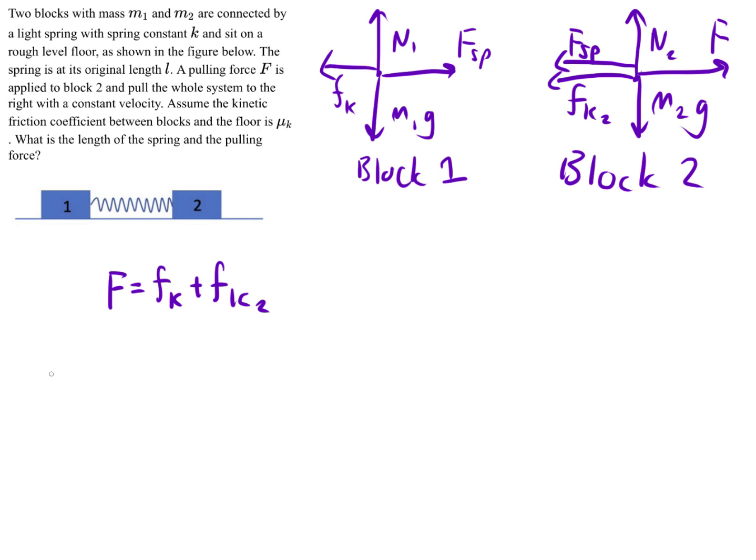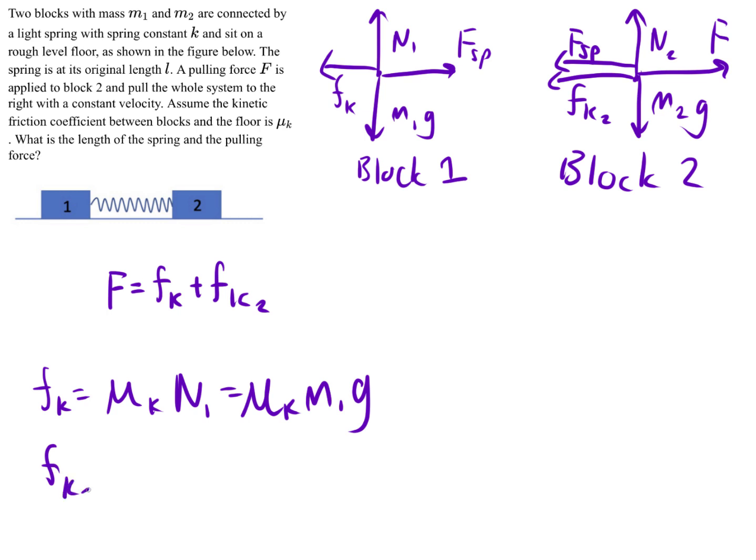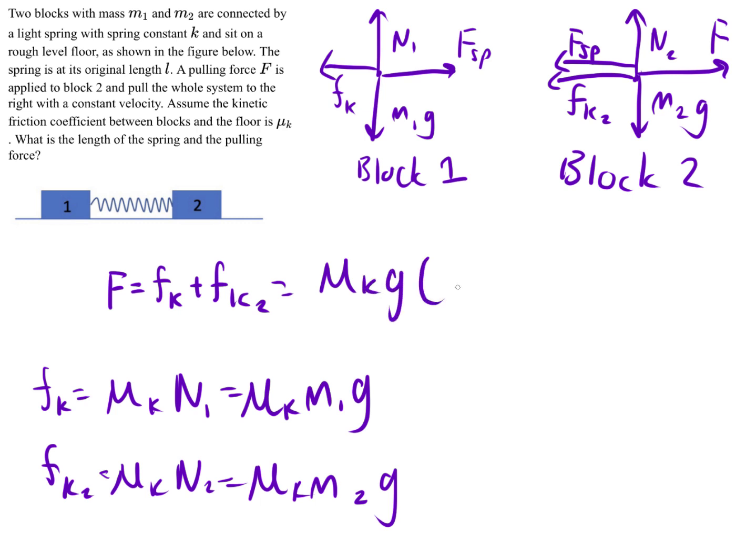Now, if you remember, the force of friction is the coefficient of kinetic friction times the normal force. In this case, for block 1, it is the coefficient of kinetic friction times its mass times its gravity. And this is the same thing for block 2, which has its own normal force and its own mass. So now you can substitute these in, which is equal to mu K times g times (m1 plus m2).